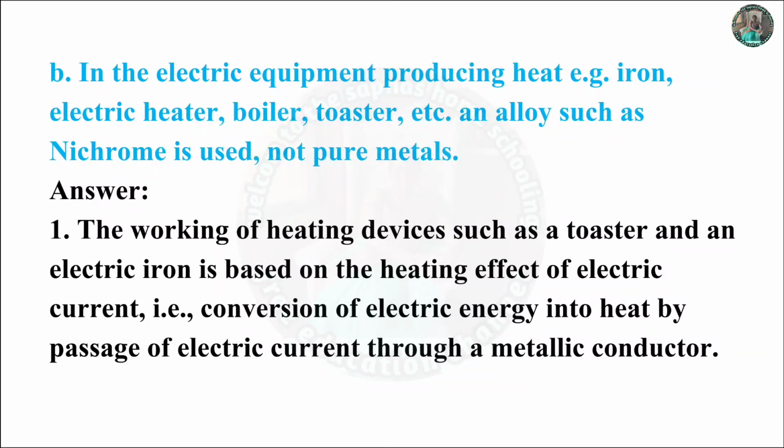In electric equipment producing heat, for example iron, electric heater, boiler, toaster, etc., an alloy such as nichrome is used, not a pure metal. The working of heating devices such as a toaster and an electric iron is based on the heating effect of the electric current, that is, conversion of electric energy into heat by passage of the electric current through a metallic conductor.